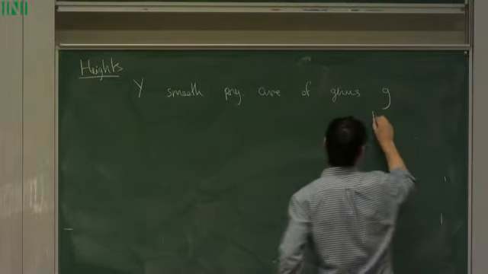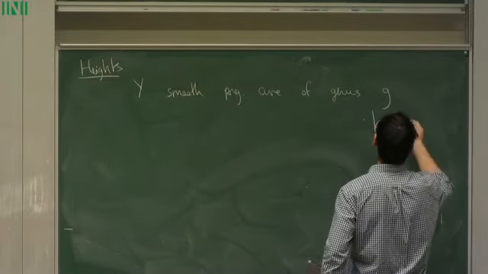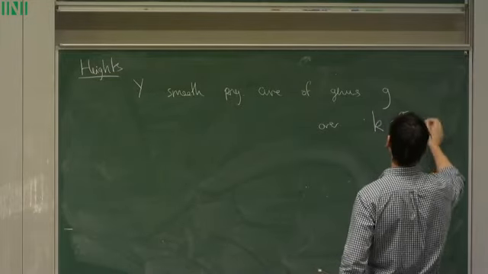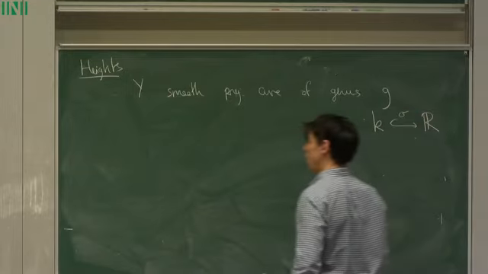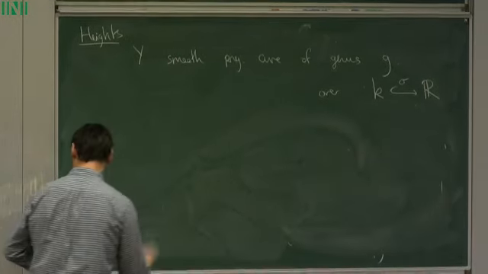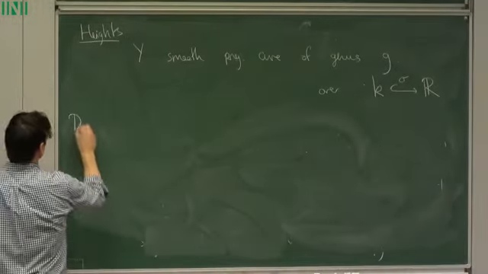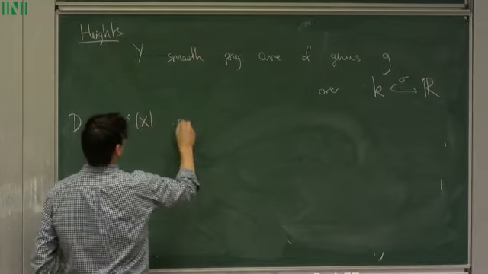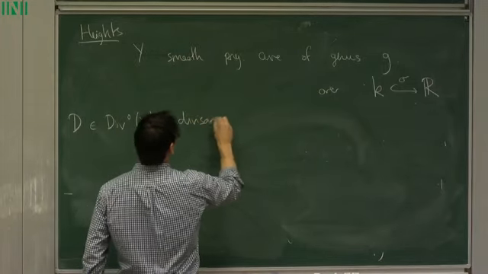I'm going to fix... we don't have to fix. It's going to be over some field with an embedding in C, but out of laziness, I'm going to take it over R for technical reasons. But it works fine over C. D in Div^0 of X, a divisor of degree 0.